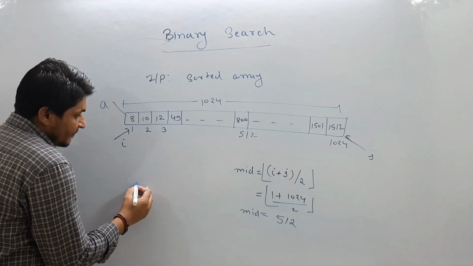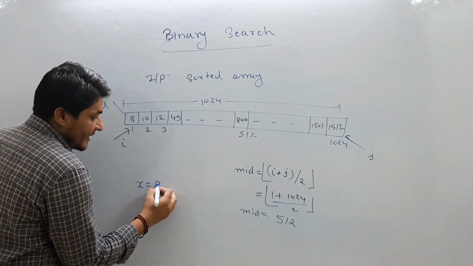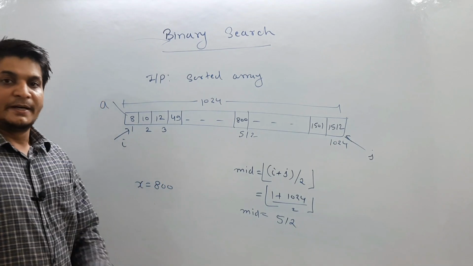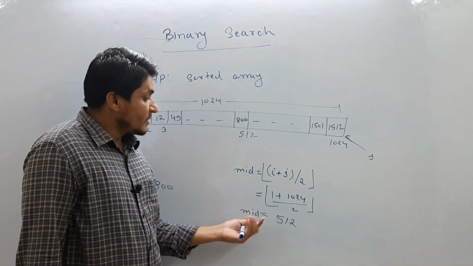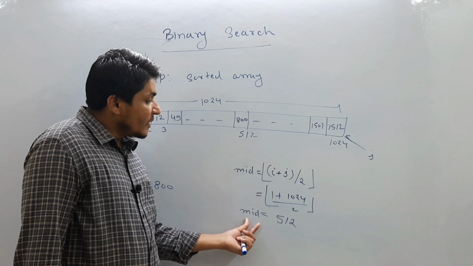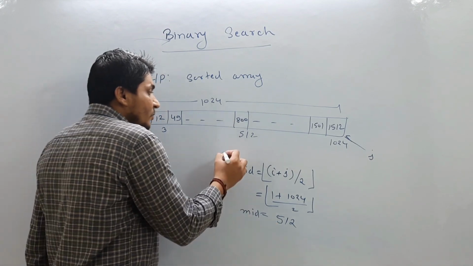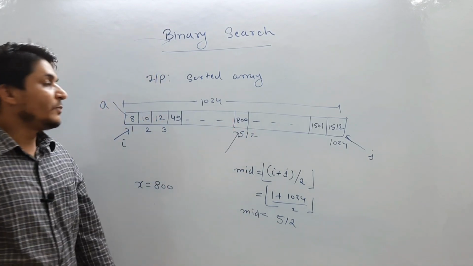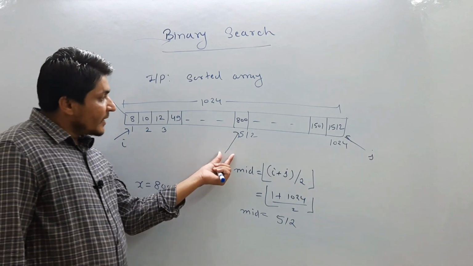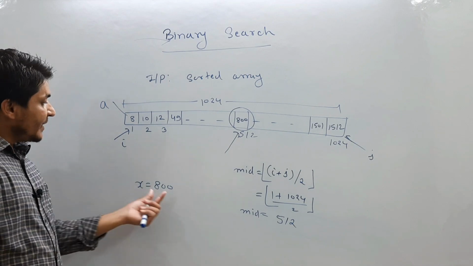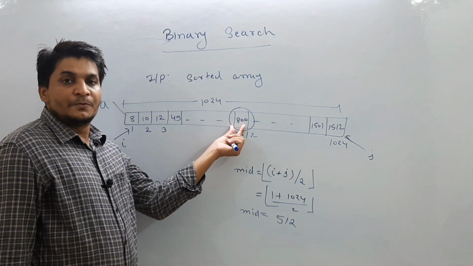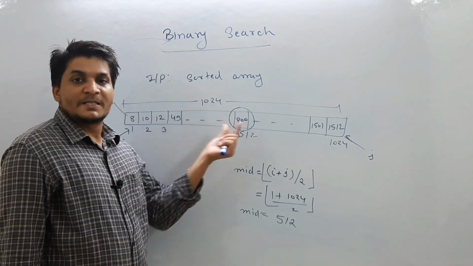Let's say you are searching for one element which is 800. You are searching for 800 in this array. Now what binary search says is you first calculate the mid. Our mid is index 512. So now you compare that value with your search value. So we are comparing 800. Now this is our value. So this is the best case possibility.